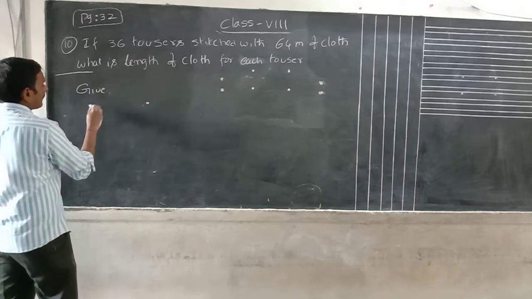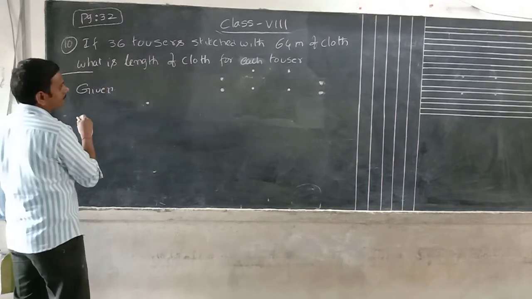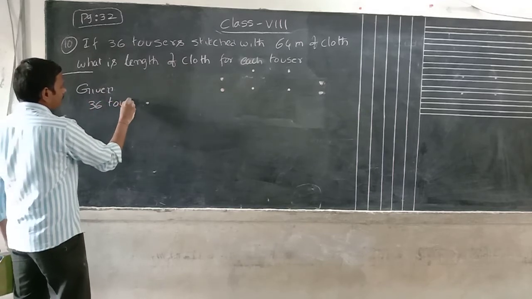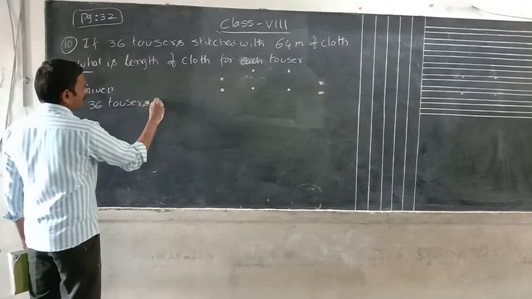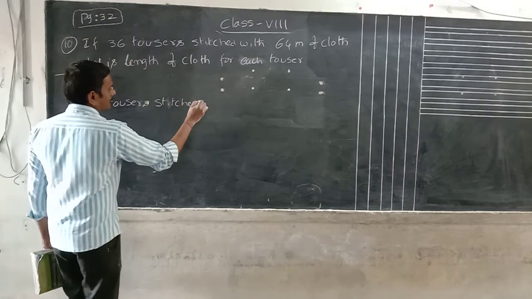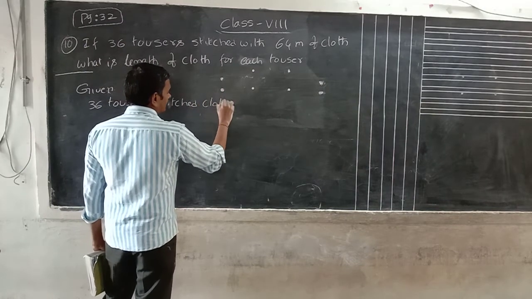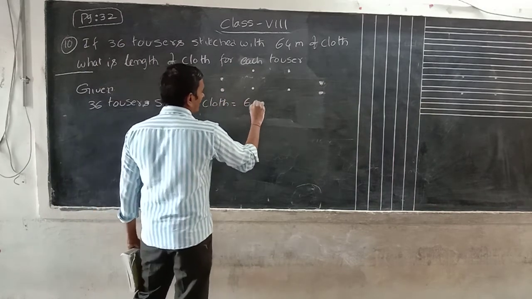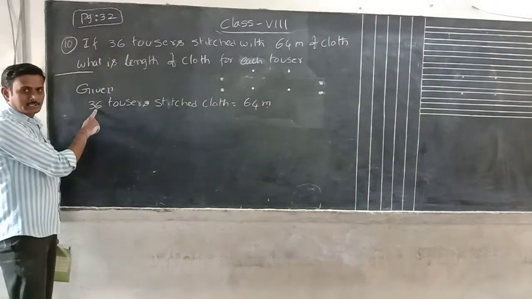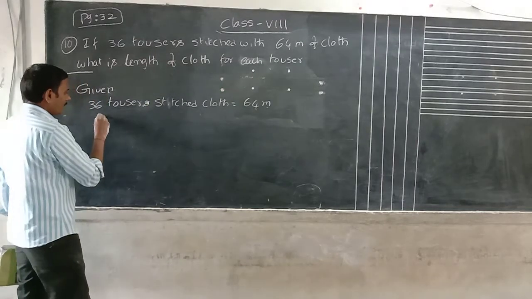Given: 36 shirts stitched cloth equal to 64 meters. Okay, already we know totally 36 shirts are needed, 64 meters of cloth. One shirt how much?